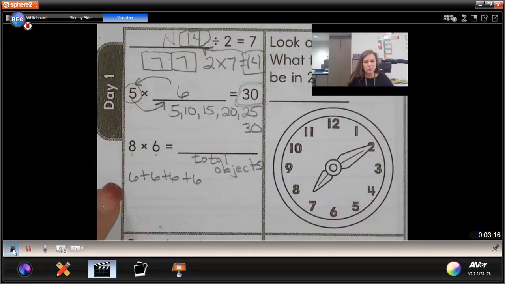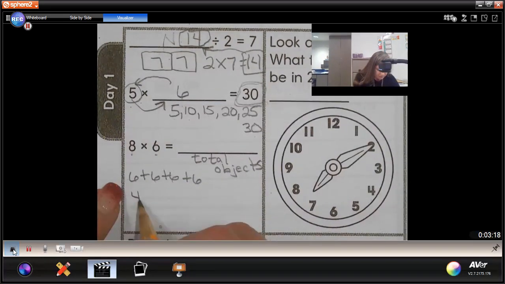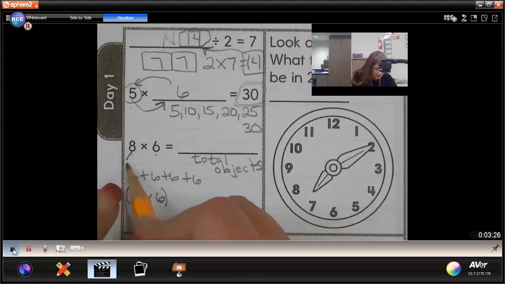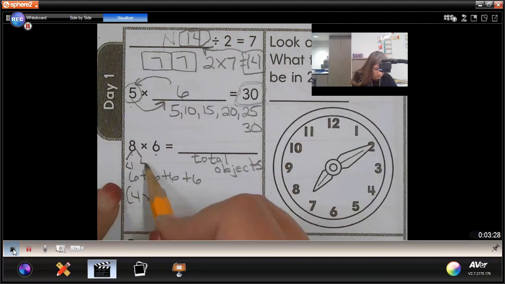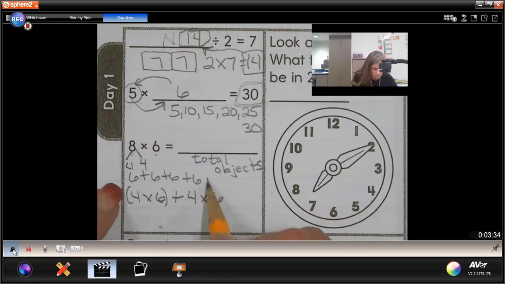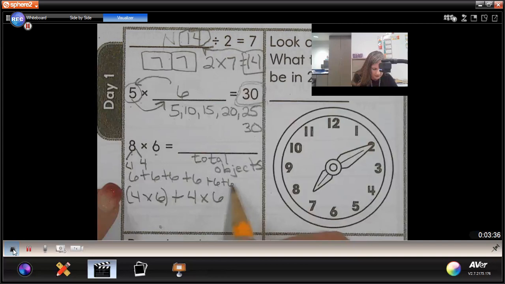So there's 4 groups of 6. And I'm just going to do some reminding of you can break these apart. So 4 groups of 6 and another 4 groups of 6. We can also do 6 plus 6 plus 6 plus 6. That's another 4 groups of 6.